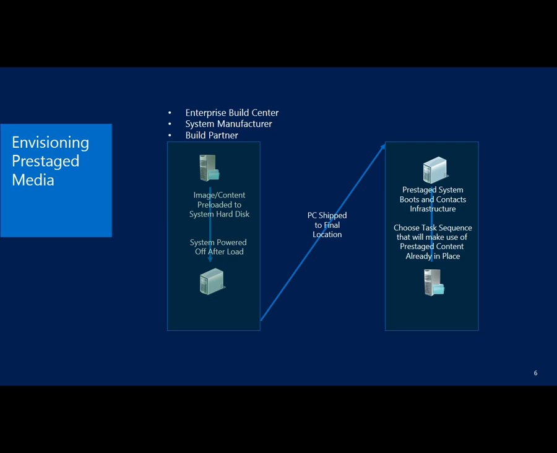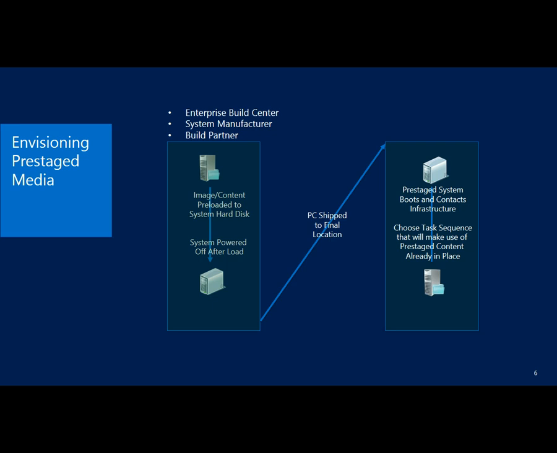Now, in the wizard, you'll see it in a minute. In the wizard for building the pre-staged content, there's an option that asks you what task sequence you want to use during the creation process of the pre-staged media. When you see that, it might make you think that the pre-staged media that you're creating is somehow linked to the task sequence that you've chosen, and that is not true, right? The ability to choose a task sequence during the creation wizard of the pre-staged media is simply a convenience.